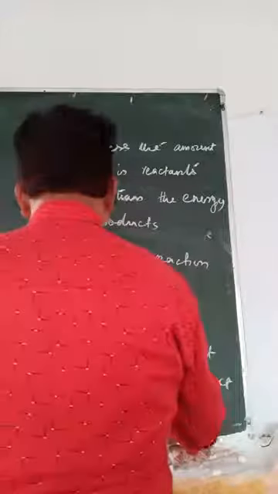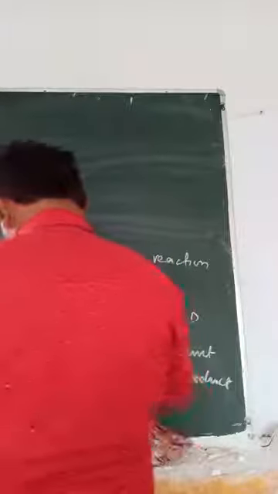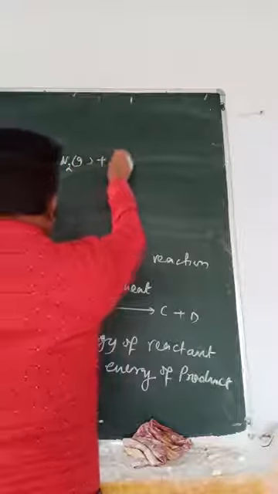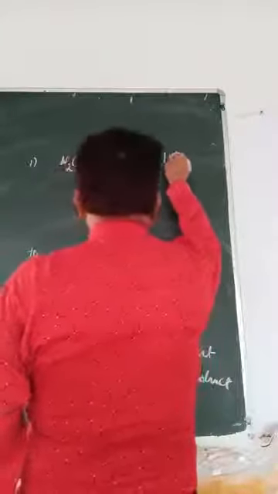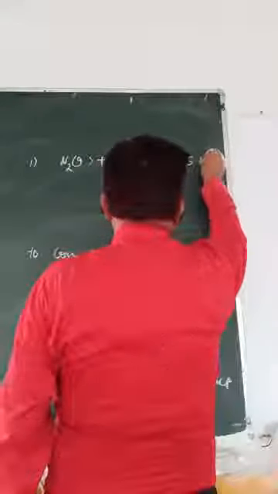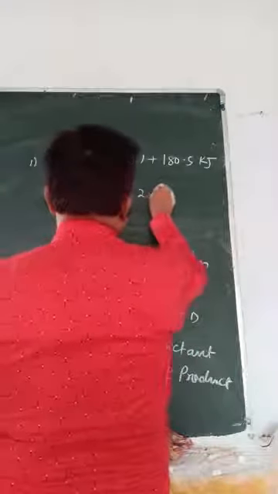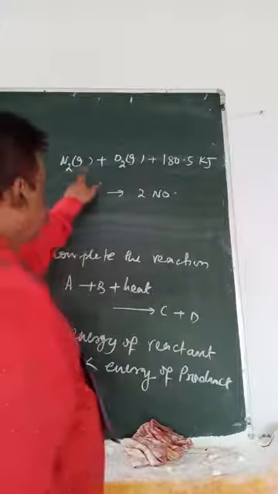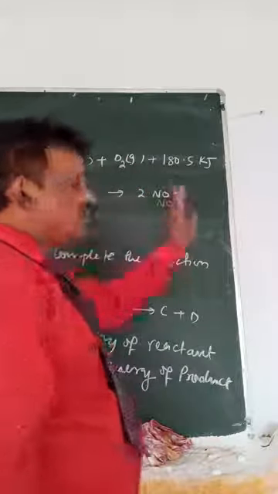Now you can take some examples. Suppose nitrogen gas plus oxygen gas: to this, if you give 180.5 kilojoules of energy, then you will get 2NO. What I mean to say is, the total energy of the reactants is less than that of the product, which is why the energy is conserved when I add it.